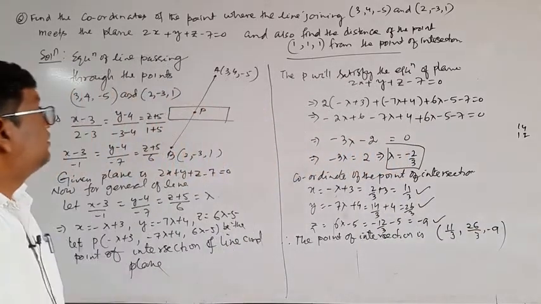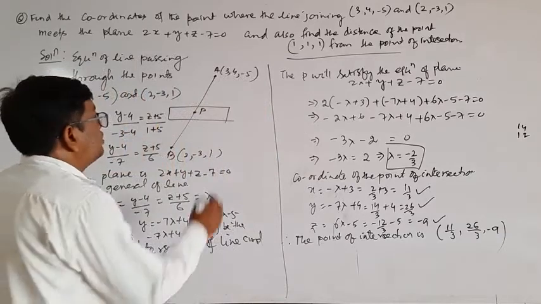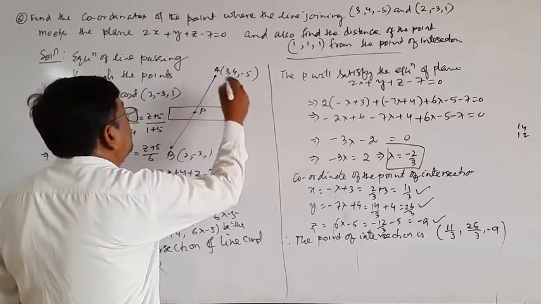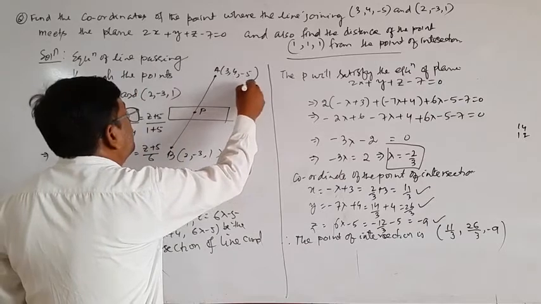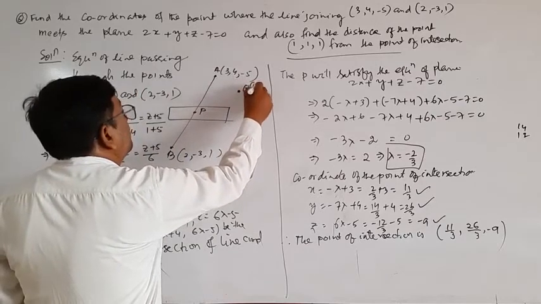Now to find the distance of the point, suppose here any point Q, that is 1, 1, 1.